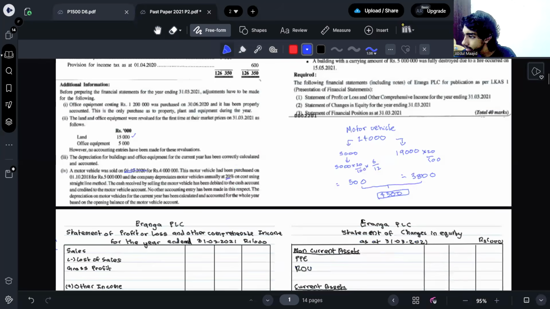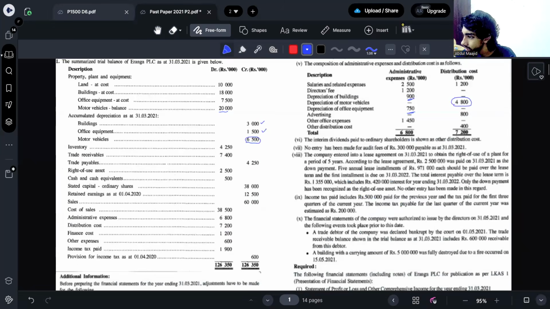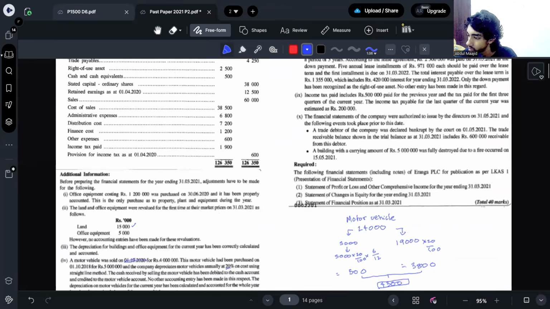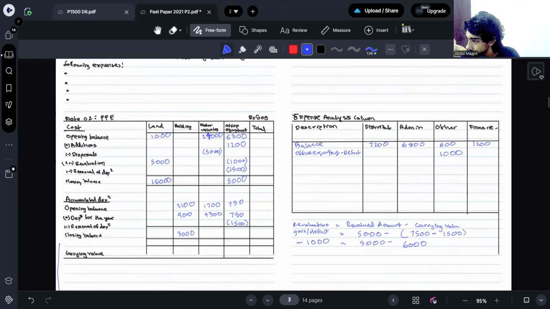Now they have recorded the depreciation as 4,800 under distribution cost, right? We'll remove that extra amount they have recorded. So you can say under distribution expense minus 500, motor vehicle depreciation. Okay.